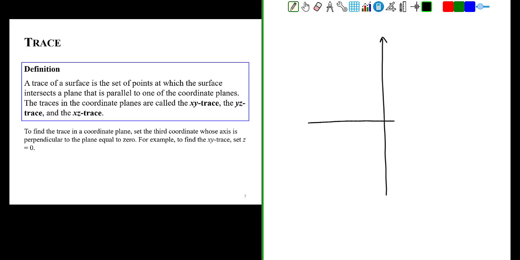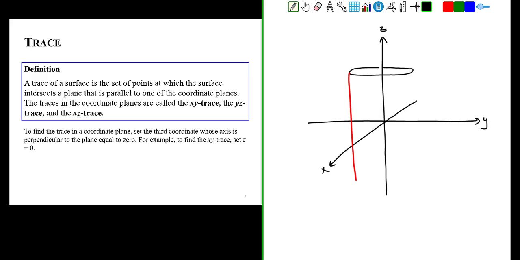A trace could be with respect to any of the coordinate planes. For example, if we have our x, y, z coordinate system, and this time let's have a cylinder that is parallel to the z-axis. Here's our cylinder. But now let's take a plane that is parallel to the xz plane.